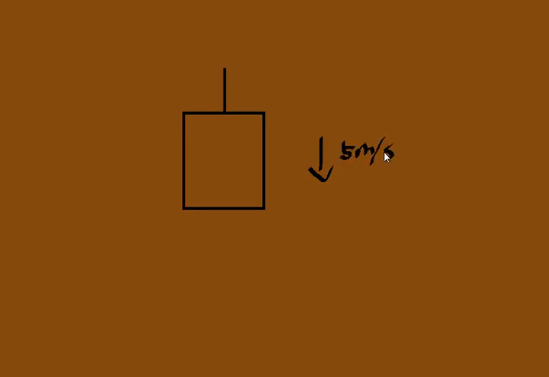What are the forces acting on it? Well, this thing is not accelerating. Since the elevator is not accelerating, all the forces acting on the elevator have to cancel out, so the net force is actually zero.